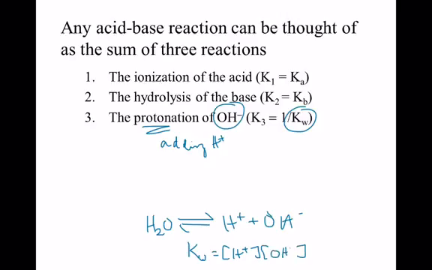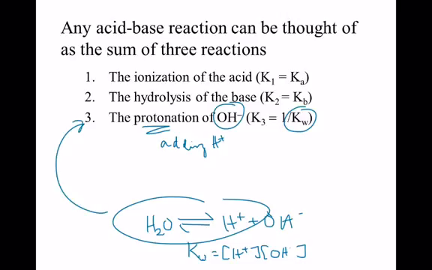Okay, is that okay? So that is the deprotonation of water. The protonation of water is 1 over Kw. If we reverse this, which is what we're doing here, that is times -1, and if you reverse it, you take the inverse of the Kw.